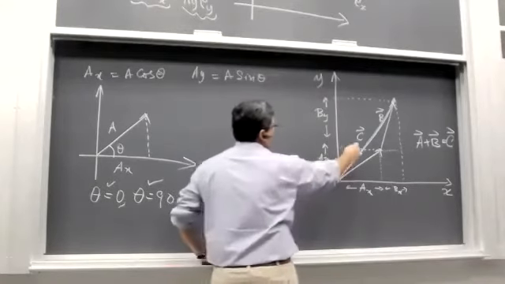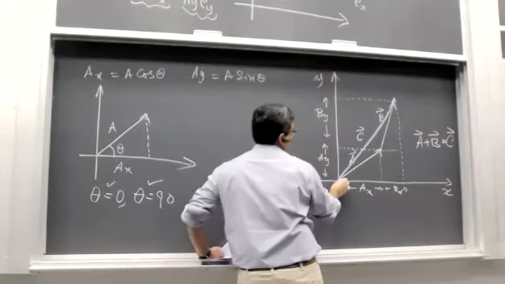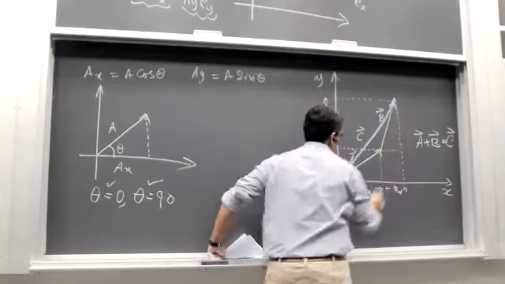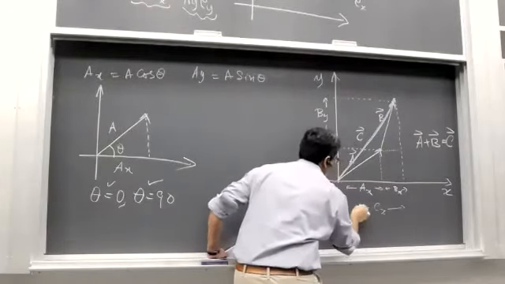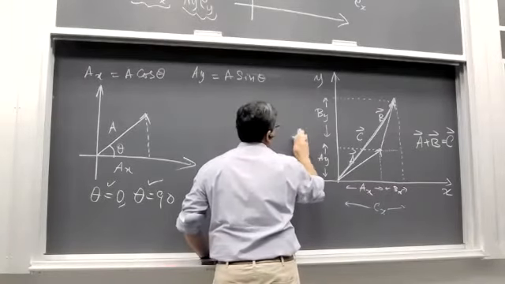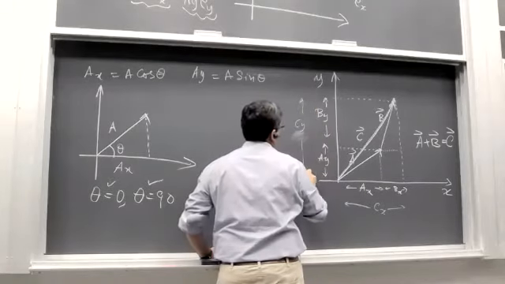And if you look at the X component of the C vector, that would be Cx here and Cy here.